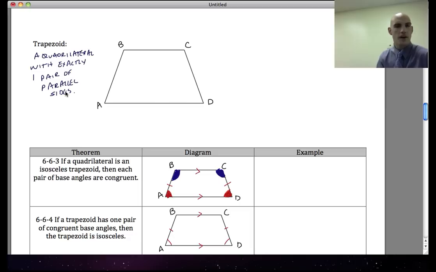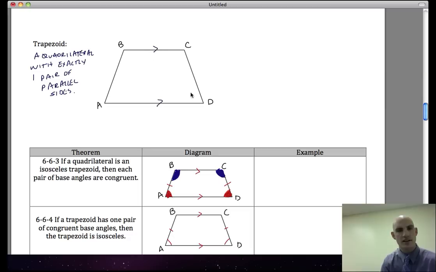Okay, so the one pair of parallel sides. And so this pair of parallel sides gives us a trapezoid. Okay, so BC is parallel to AD.